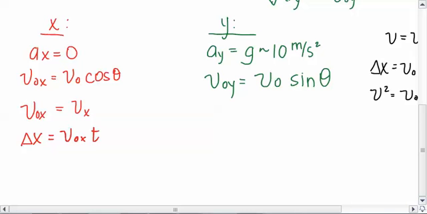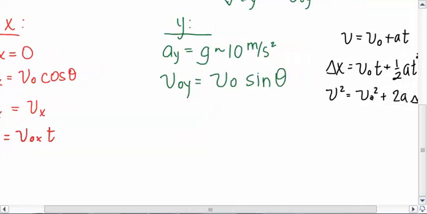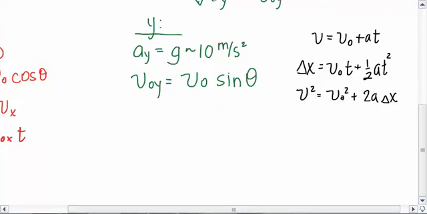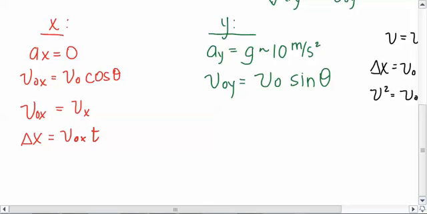Now look at that third one. v squared equals v naught squared plus 2a delta x. So vx squared equals v naught x squared plus 0. What does that tell you again? That the initial velocity in the x direction is equal to the final velocity in the x direction. So it looks like we only have one valid equation to use for the x direction to get you anywhere.